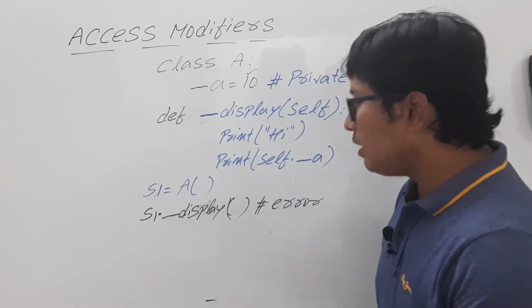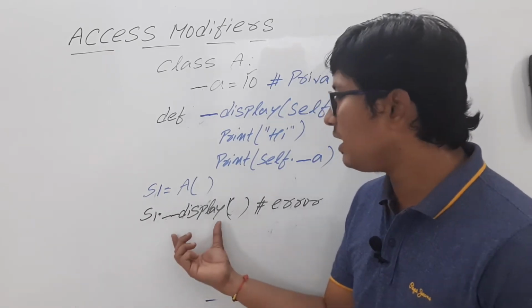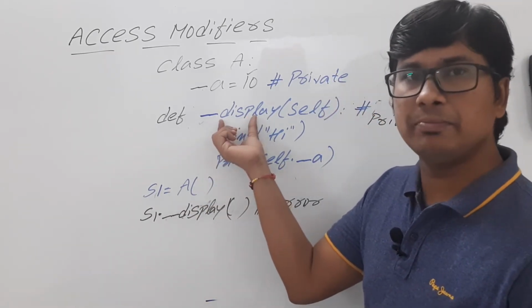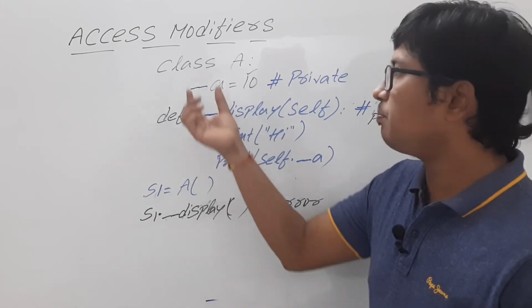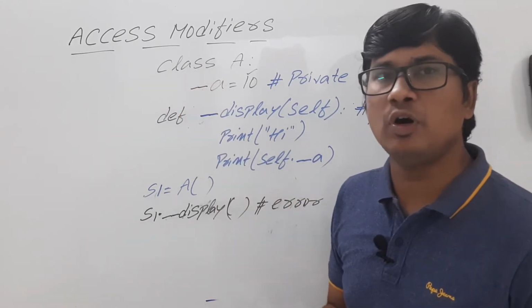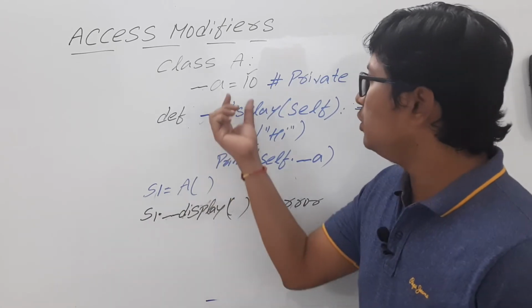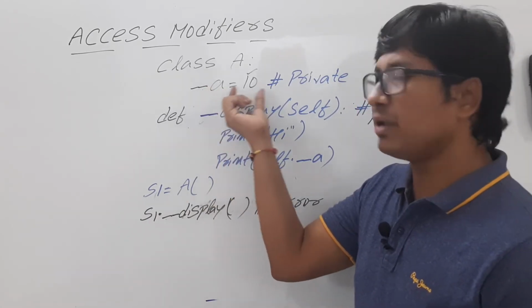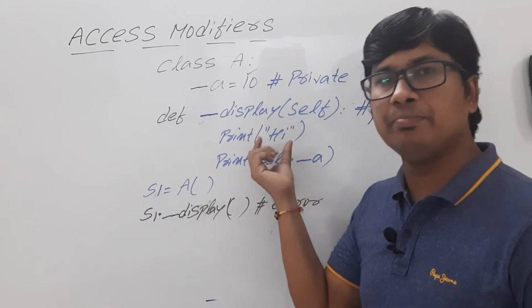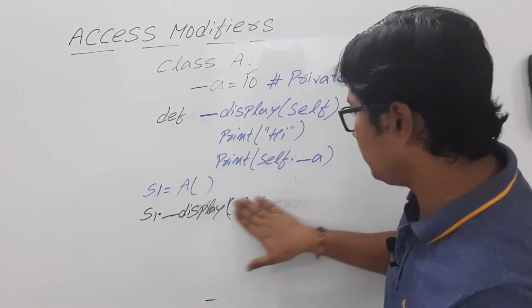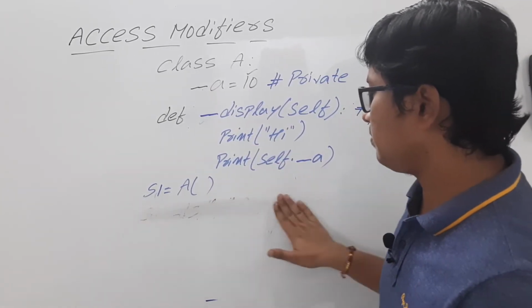Is it clear? Now you may have a doubt: sir, how can I call this display method which is private? Python supports a concept called name mangling. Using the name mangling concept, you can access the private variable and private method outside the class also. Let me discuss that one. First, let me erase this.